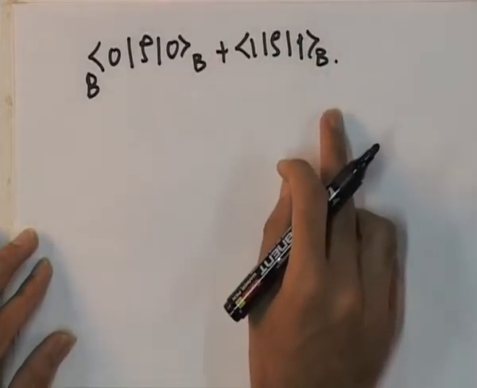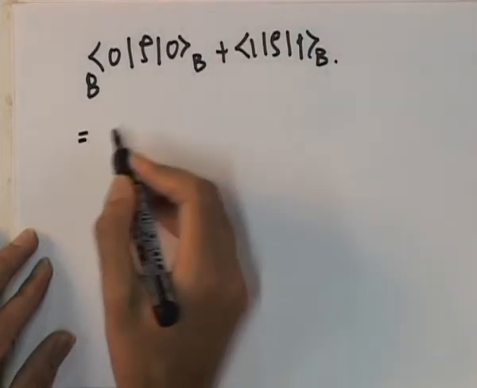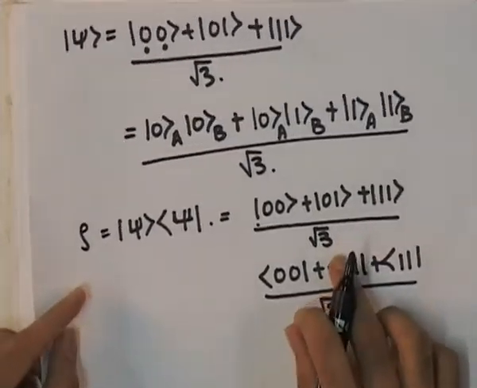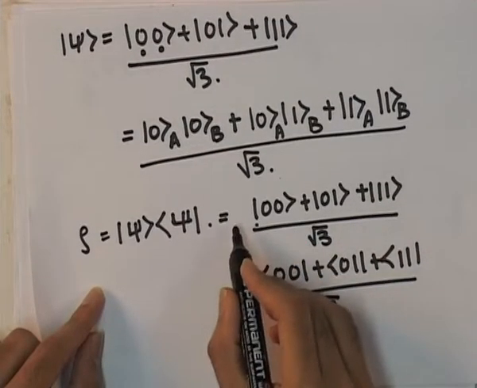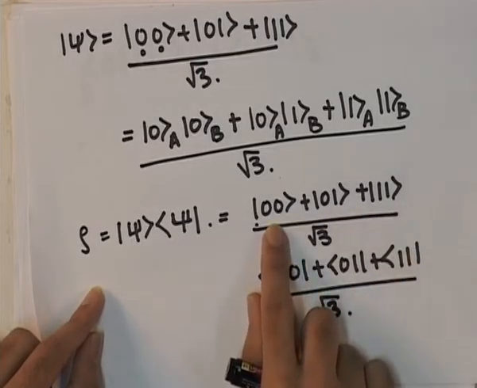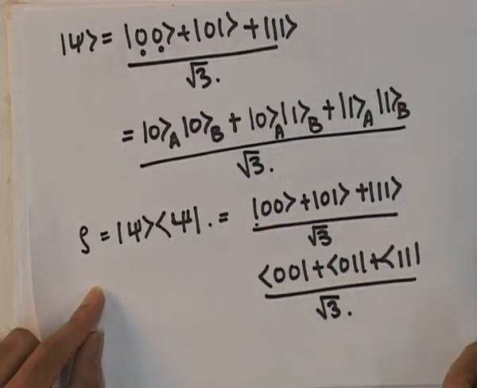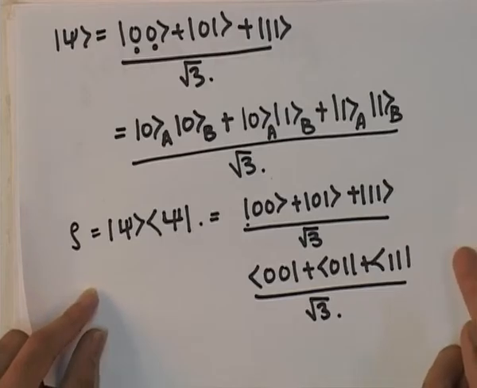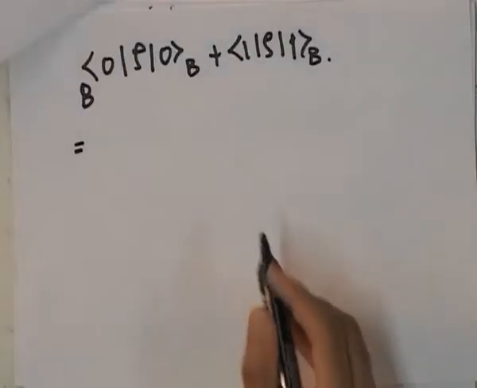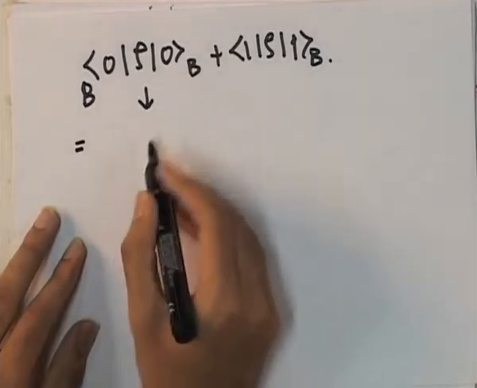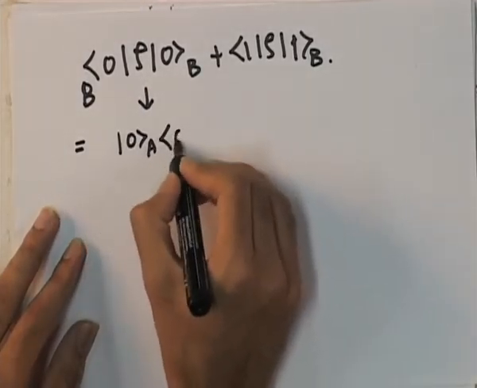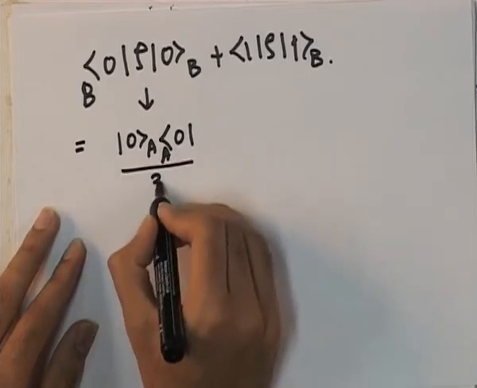Now this can be easily found out. Using the equation from the last slide, if we multiply bra 0 on this side, the only term which will be left will be the first term. And if we multiply by ket 0 from the right side, only this bit will be left. So the first term would only give |0><0|_A upon 3.